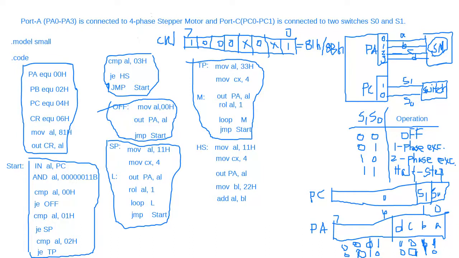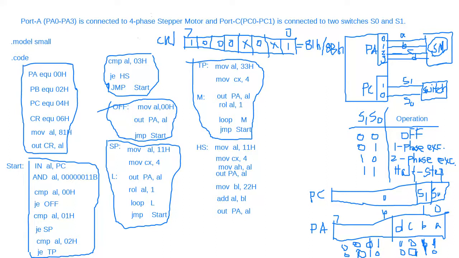So maybe we can use MOV AH, comma AL. That means 1 1 is also saved in AH, because we are using AL again and again. If 1 1H is not there, it will be lost.